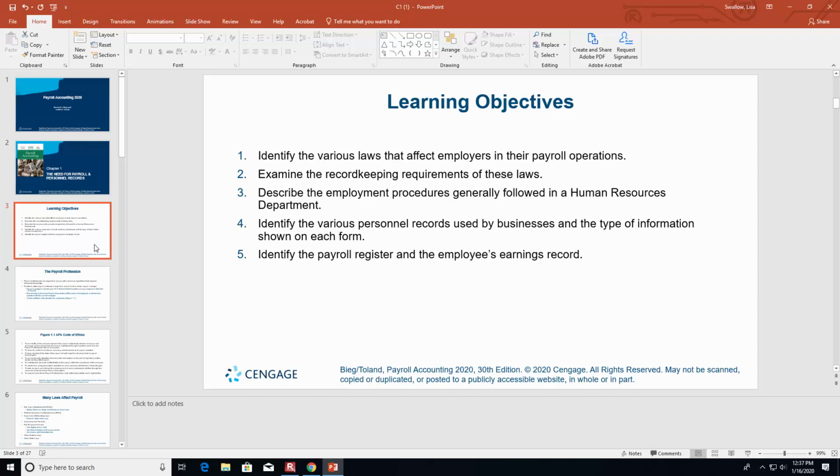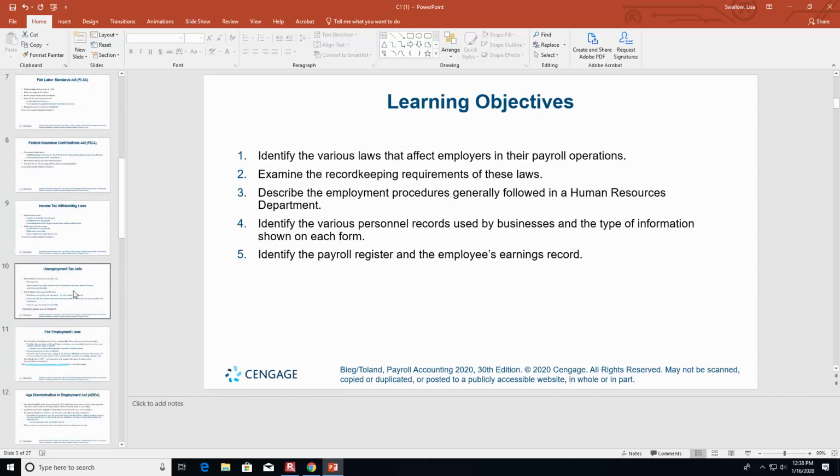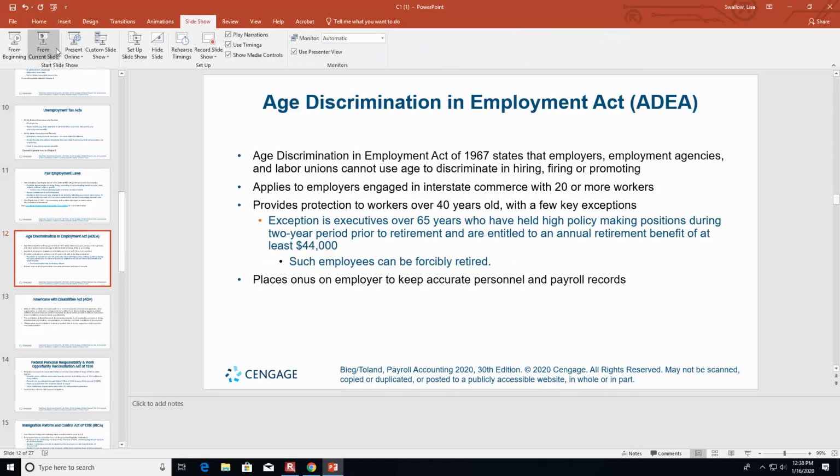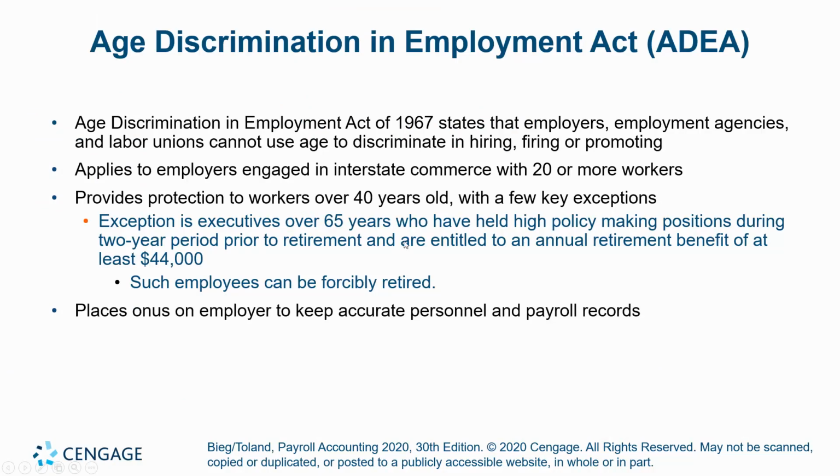So we're going to look at a couple of those subsequent laws, and I think that's where I left off, at the ADEA, the Age Discrimination in Employment Act. I think we talked about this being added 3 years later, in 67, when LBJ was still president.